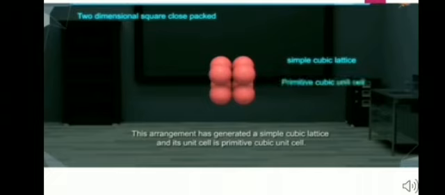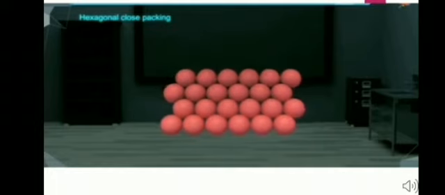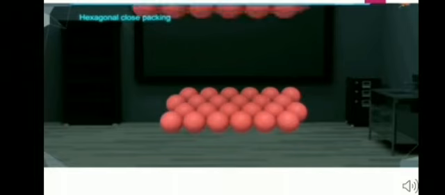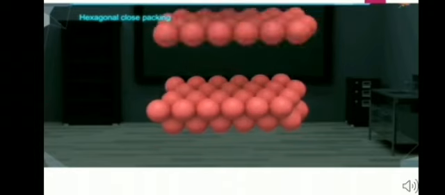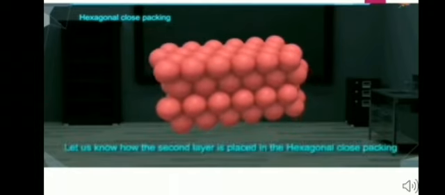Now, 3-dimensional close packing from 2-dimensional hexagonal close packed layers. A 3-dimensional close packed hexagonal structure can be obtained by placing a 2-dimensional hexagonal structure one layer above the other, placing the second layer above the first layer.